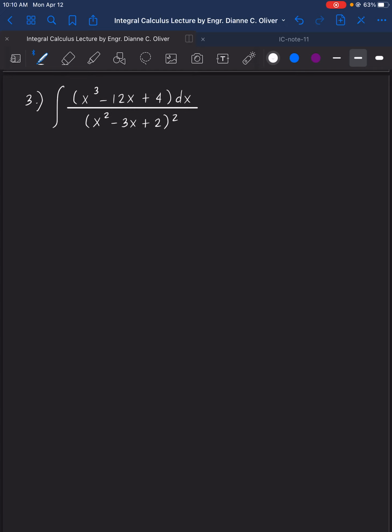So we have here the integral of x raised to 3 minus 12x plus 4 dx all over (x squared minus 3x plus 2) squared. So quite difficult, but you need to see first if we can factor this.